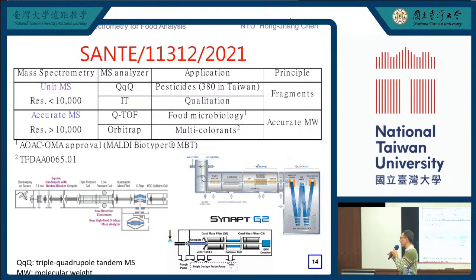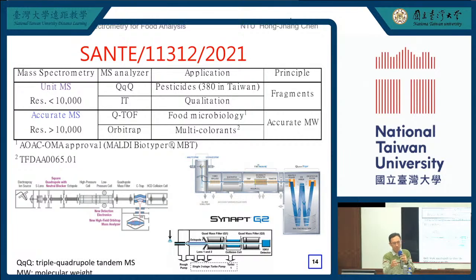So we know that they have many kinds of MS technique in the world. Is there any regulation to define them? Yes. Based on the 2021 CEN standard by Europe, they define MS technology into unit MS and accurate MS. For unit MS, the definition is the resolution is less than 10,000. In fact, they only detect the unit mass. What does that mean?